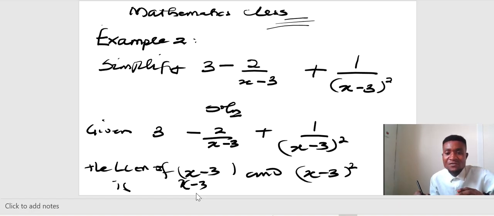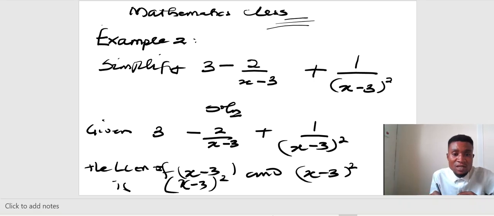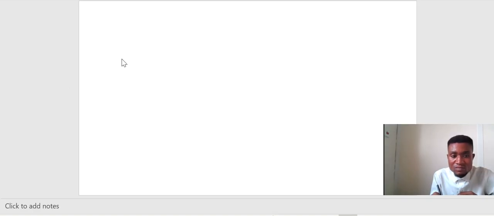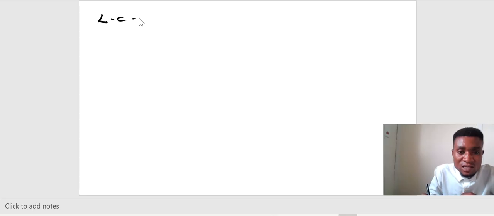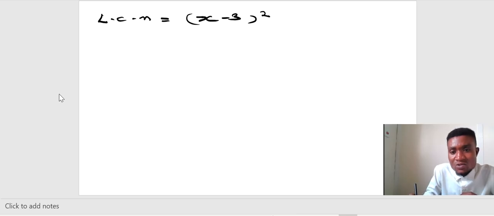If you divide (x minus 3) squared by x minus 3, it gives you x minus 3. So definitely (x minus 3) squared is the LCM of this fraction. So from here we can simply say the LCM is equal to (x minus 3) all squared.